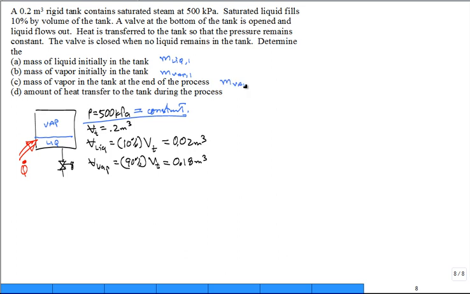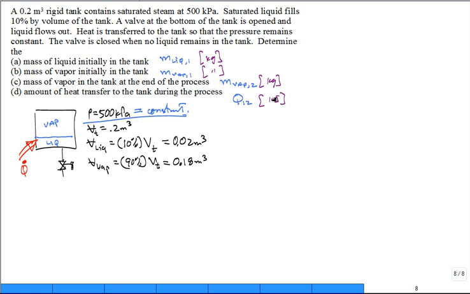Mass vapor state 2. And the amount of heat transfer to the tank during the process, is that Q1 to 2? I try to encourage students to say, what is a good symbol for what I'm looking for? Pay attention to subscripts. Do you like these, or would you like to have a different symbol? And then what are the units? What are the units on what I'm looking to calculate? What is the unit on this one? Is it kilogram? Is this kilogram? Is this kilogram? And what is this?